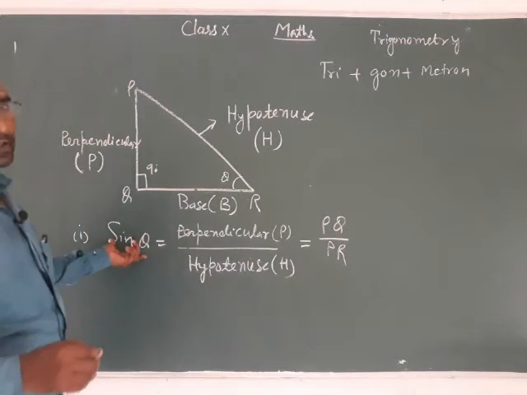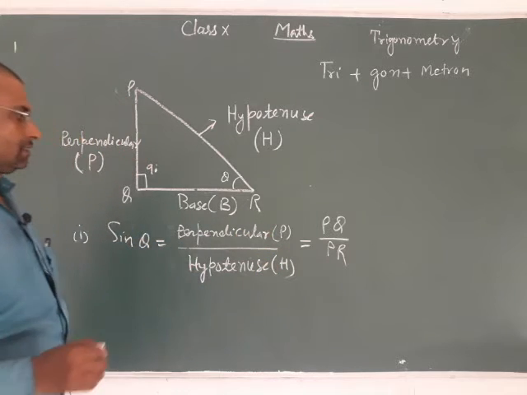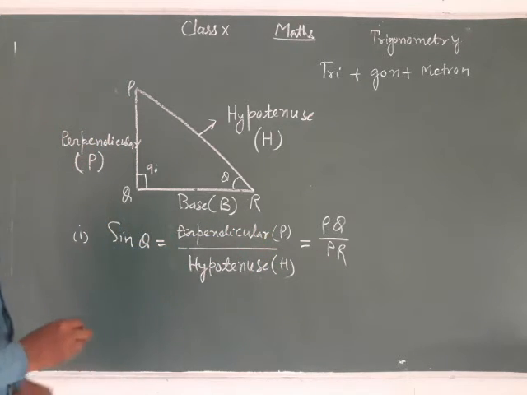So sin theta is equal to P by H, perpendicular upon hypotenuse.